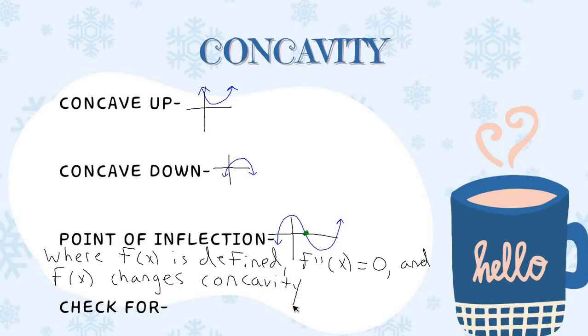Now, the reason that I say that f of x is defined is because this is a nice pretty example of where we would change concavity, with a nice pretty polynomial. However, I can also change concavity when we are undefined. So if I have a rational function, concave down over there and concave up over there, I have technically changed concavity here.